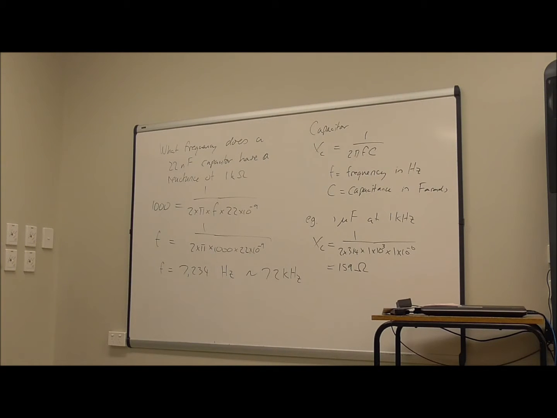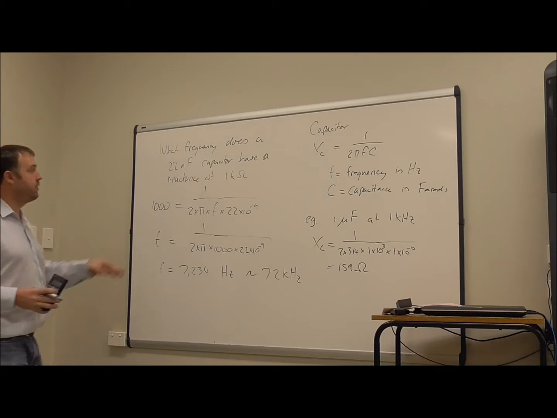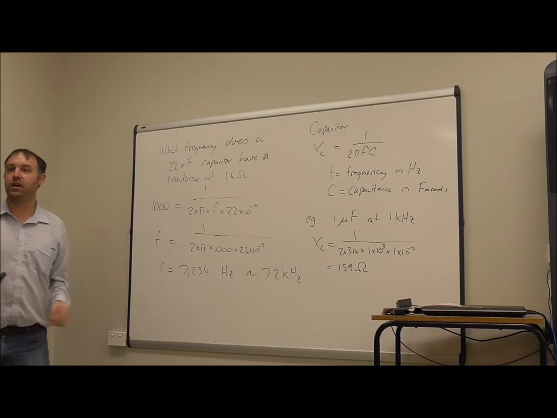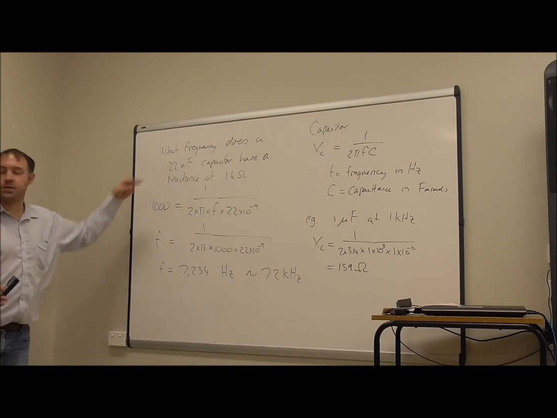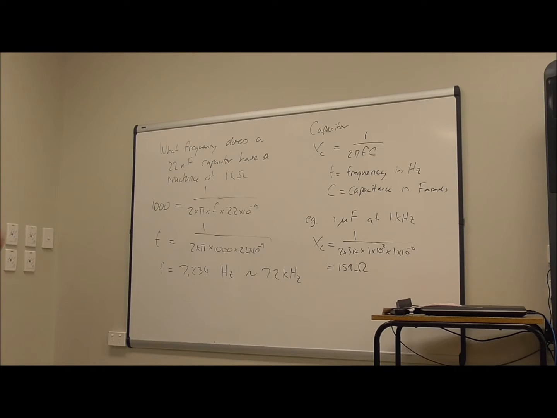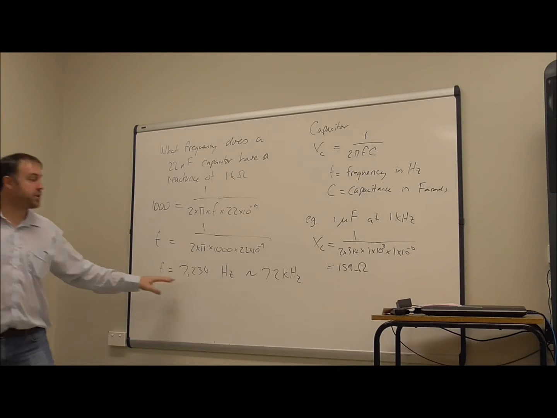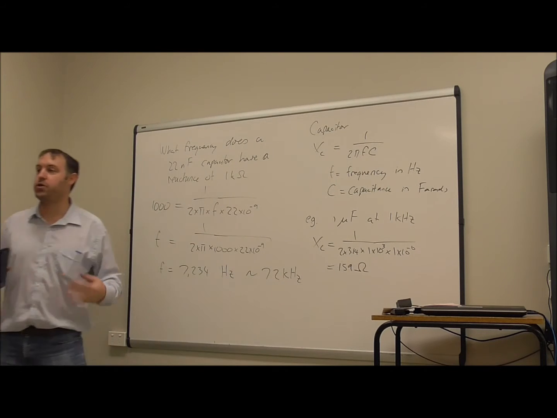We're usually within 5% for our resistors, and capacitors can be quite bad. Electrolytics, 20% for some of them. Some of the ceramics are usually pretty good, so a 22N capacitor would probably be about 5%. So yeah, 2 significant figures is usually good enough.